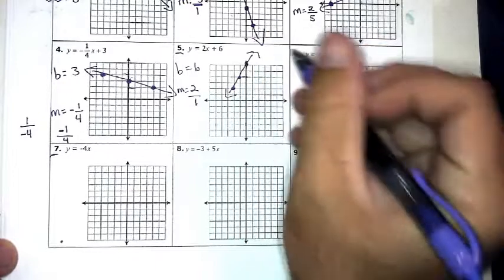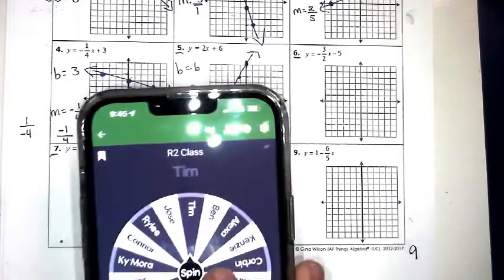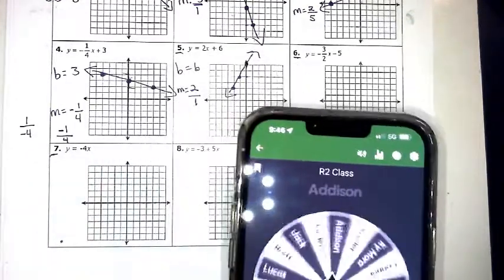Okay, wheel of not ideal. Victim number 2. Jack. Oh, look how close that was.